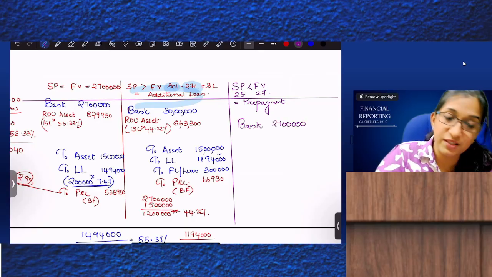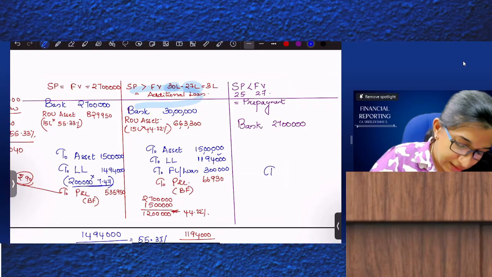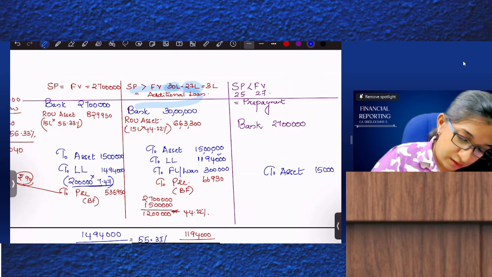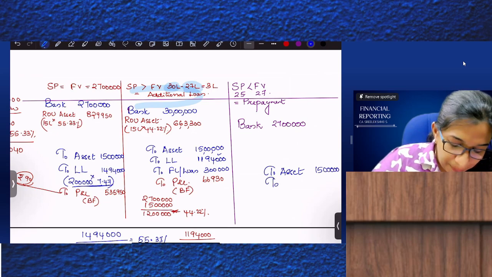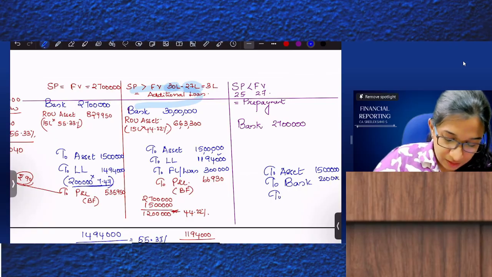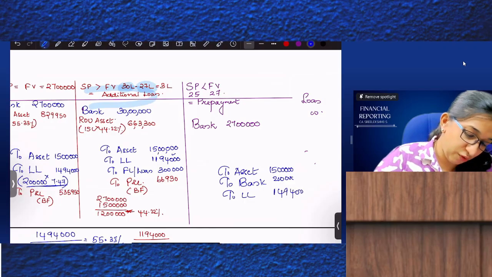But the selling price is 25, we'll take 27 lakhs. To asset we'll credit 15 lakhs. And we prepaid 2 lakhs of lease rentals. To lease liability, any further amount to be paid is 14,94,000.